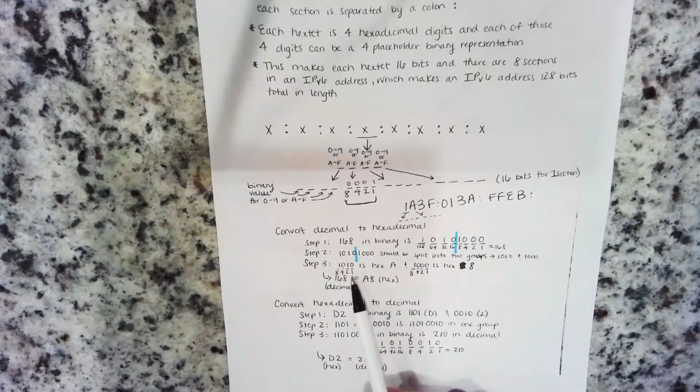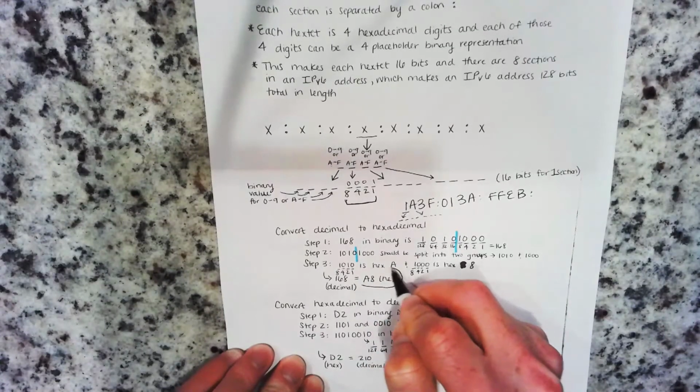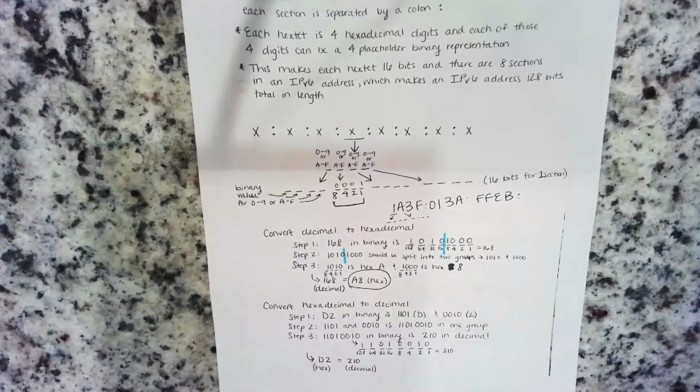Or you could just look at your chart. 1, 0, 1, 0 is an A, 1, 0, 0, 0 is an 8. So if my decimal representation is 168, my hexadecimal representation is A8. So when you see A8, it is the exact same as 168.